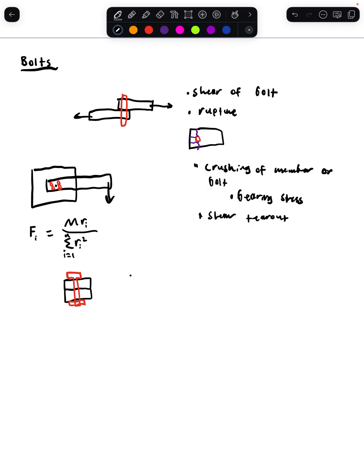The first is preload, which is F sub i. There's not an equation necessarily for it, but it's basically the clamping force of the bolt. It's how tight it is.